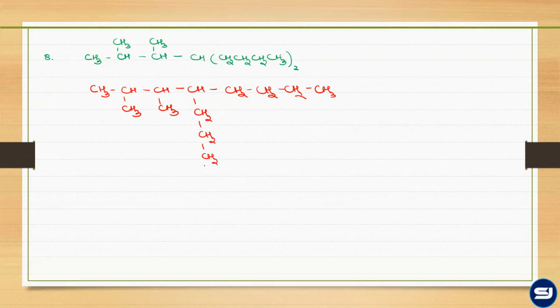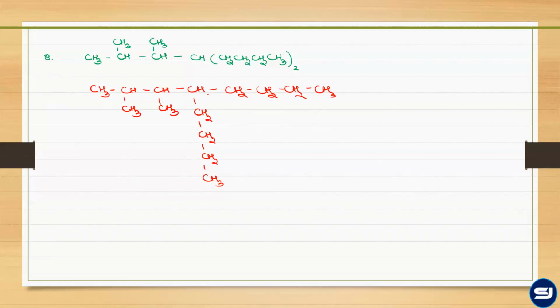Okay, tell me the longest chain will be of how many carbon atoms? 9. Because if you go in the straight chain you get 1, 2, 3, 4, 5, 6, 7, 8. If you take this butyl and this butyl together you will get 9, and if you look at all the other possibilities, no chain is longer than 9.